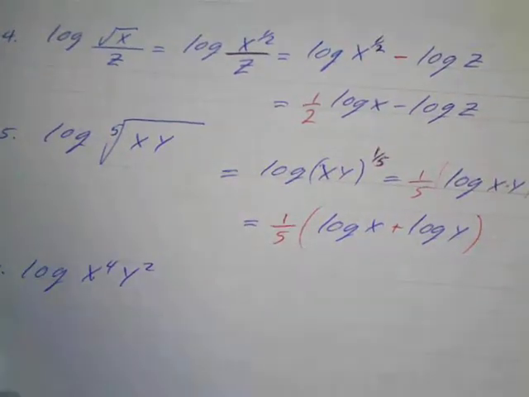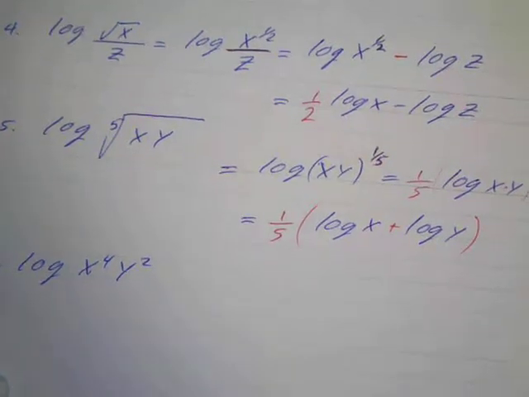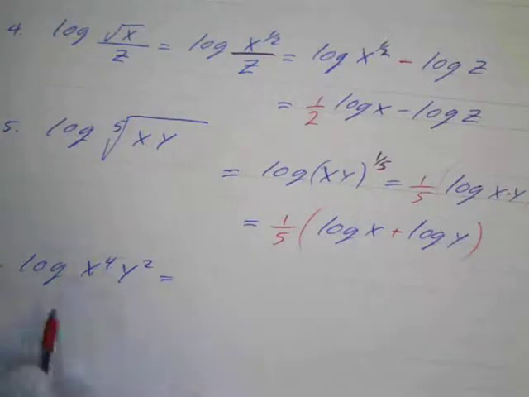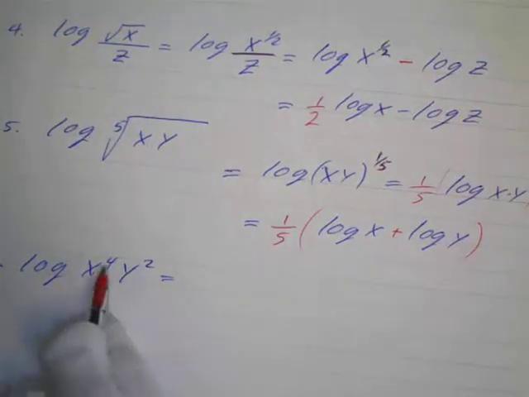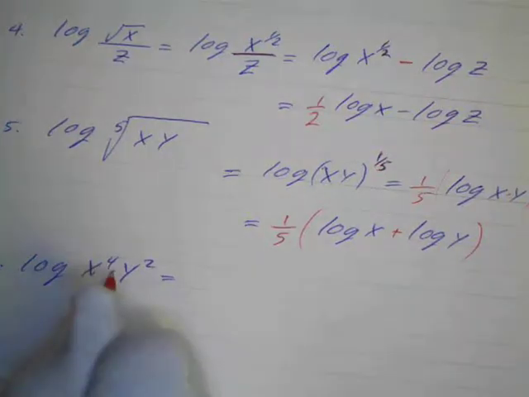So we have somewhere for 5 problems. And I'll probably finish the other 4 problems in part B, for the second video. So for number 6, I can't really move these exponents because I've got 2 different numbers, so I'm going to use the log of the product first.